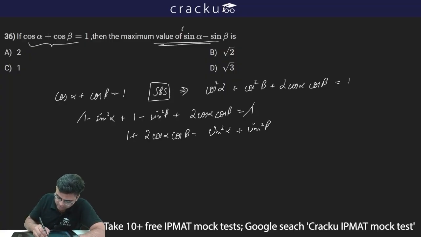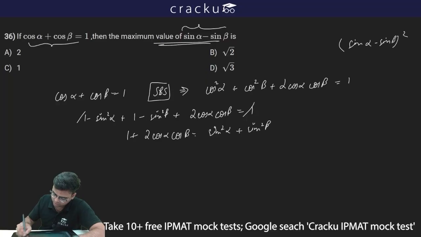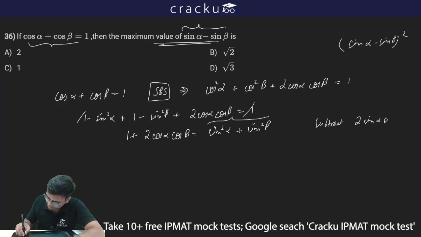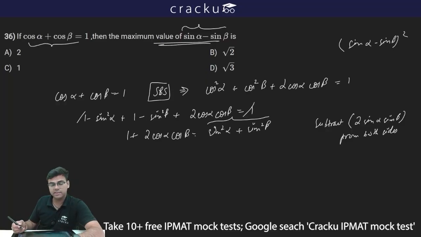Now I need the value of sin alpha minus sin beta. So ultimately I might need the value of sin alpha minus sin beta whole square. If I want to convert this part to sin alpha minus sin beta, the easiest way is to convert it to sin alpha minus sin beta whole square. Now in order to do that, I have to subtract 2 sin alpha sin beta from both sides.